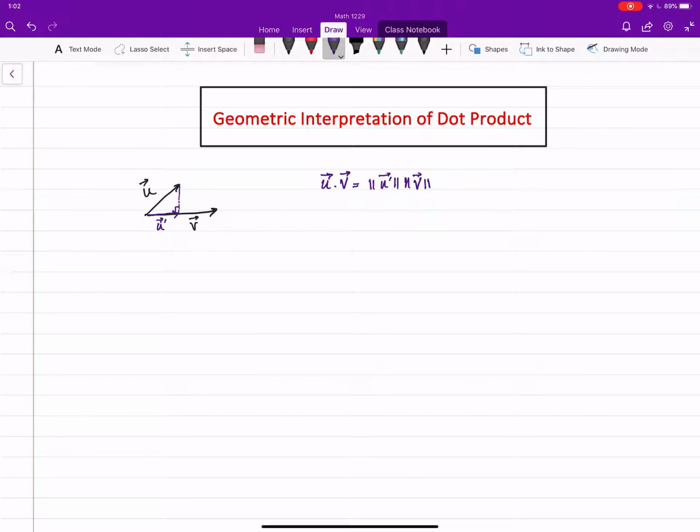of v. If you know the projection and how it works, you have a right triangle. The angle between u and v is theta, so the length of u prime is nothing but the hypotenuse here, which means the length of the vector u times the cosine of theta, and then there was the v vector.